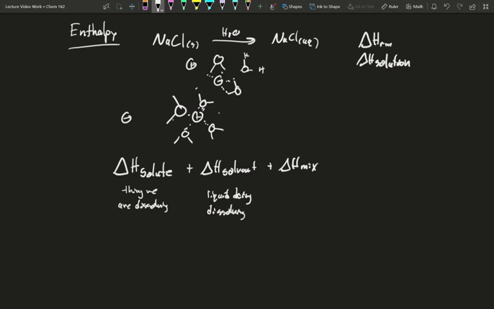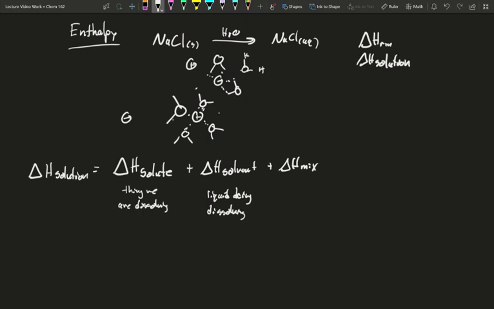We have a negative delta H for them interacting with each other. All this is going to be our delta H for that overall reaction, solvating the sodium chlorides, the delta H for the solution, for making that solution from the solid and the water. This is true for any solvent and any solid, really.